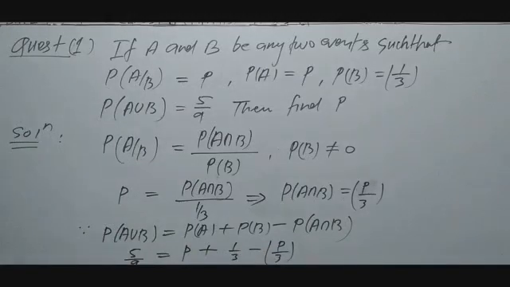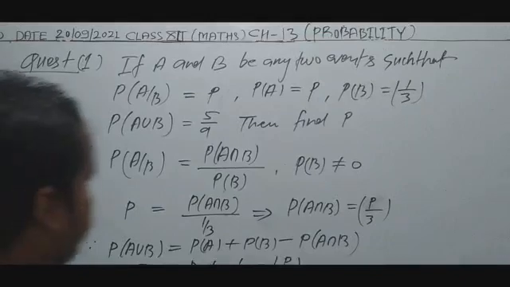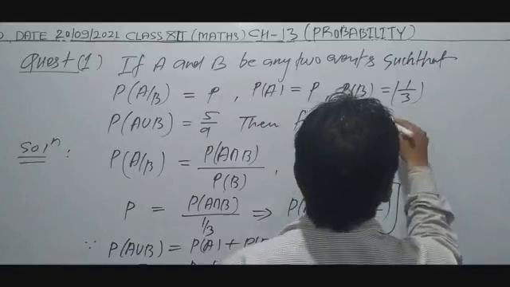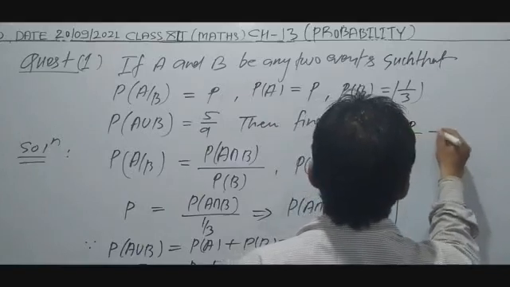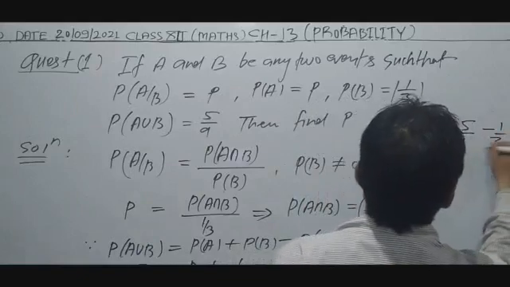Now through this equation you can find the value of P. P minus P by 3 will be equal to 5 by 9 minus 1 by 3.